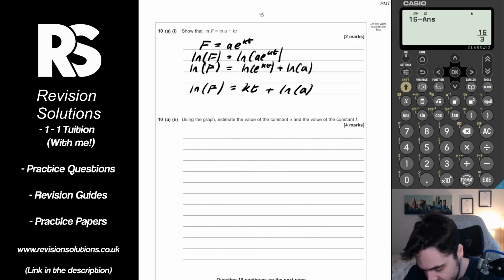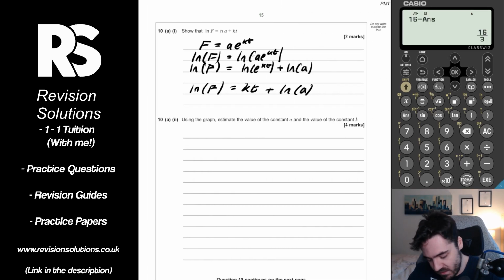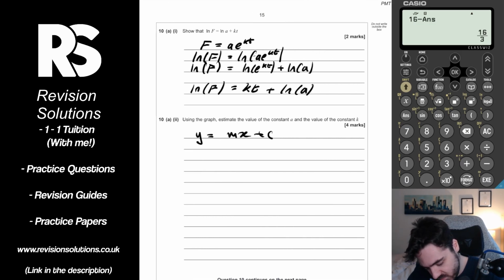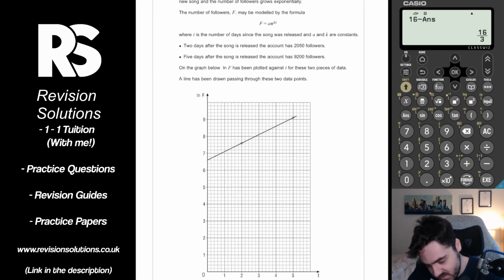Then it says, using the graph, estimate the value of the constant a and the value of constant k. So if our graph is a straight line, we can think, how does this relate to y equals mx plus c? Our y-axis is the natural log of f. Our horizontal axis is t.